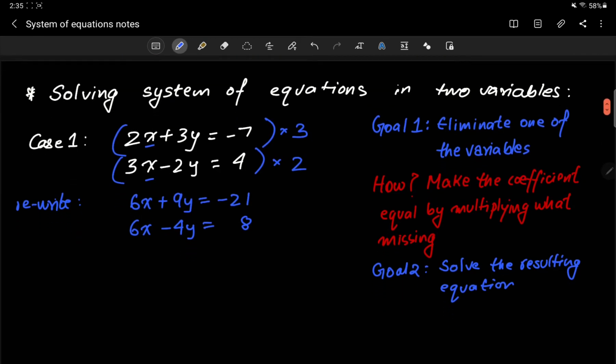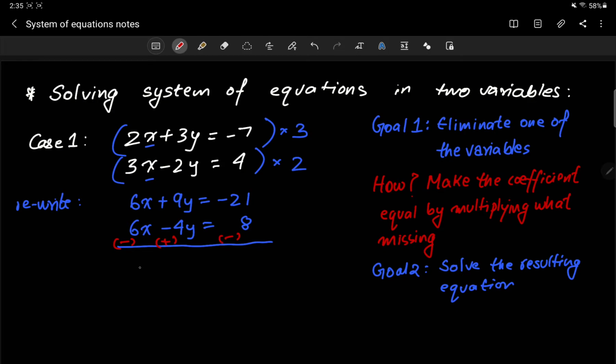Now that these are the same, in order to eliminate them, I'm going to subtract. When I subtract, I have to be careful about the signs. So one way to keep track is using parentheses. If it's positive, it becomes a negative, and if it's negative, it becomes a positive.